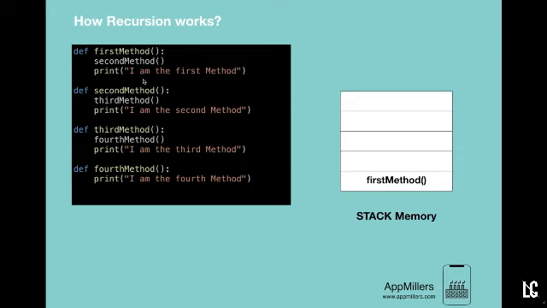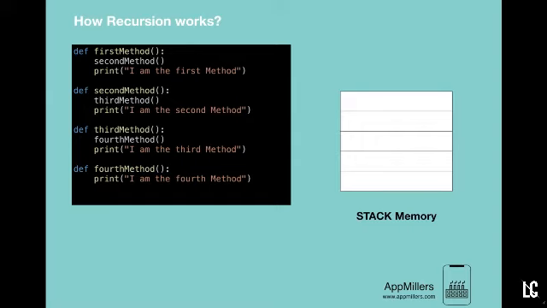Now the system one more time refers to the stack memory and calls the first method and executes the print statement inside it, and with this the execution of the first method is complete. So the first method will be popped out from the stack memory. With this, all execution is complete. So now it should be clear how method execution is managed in stack memory.